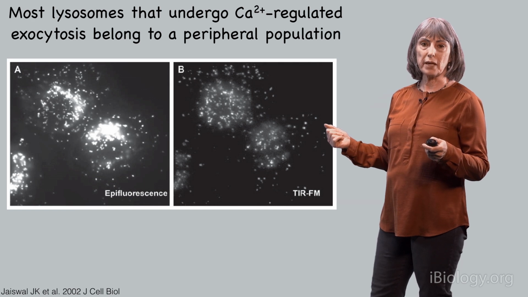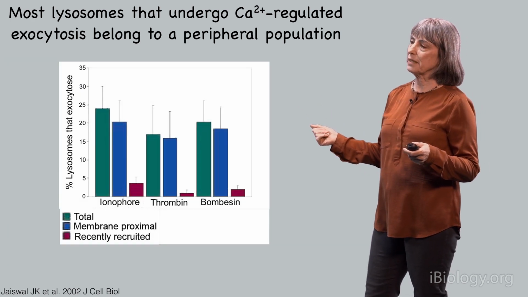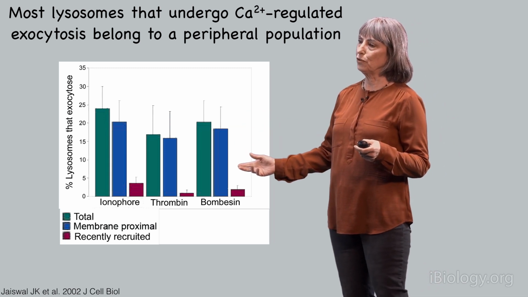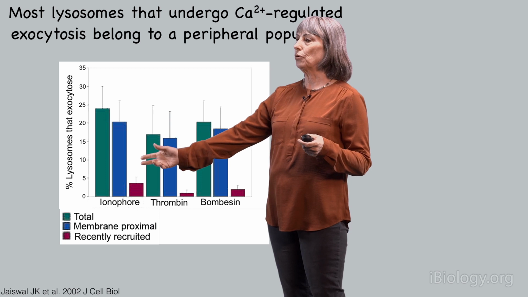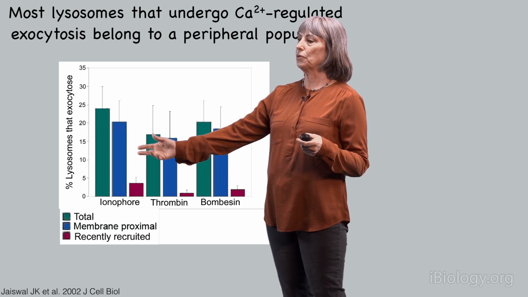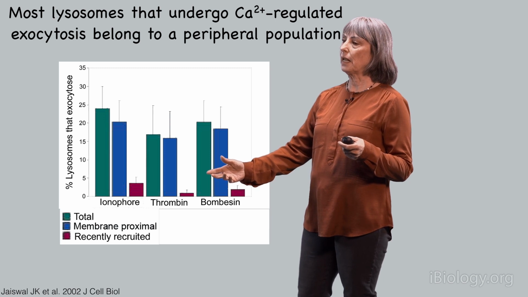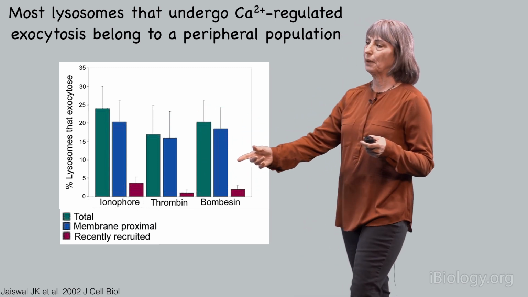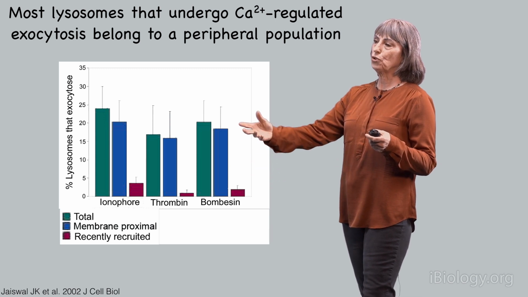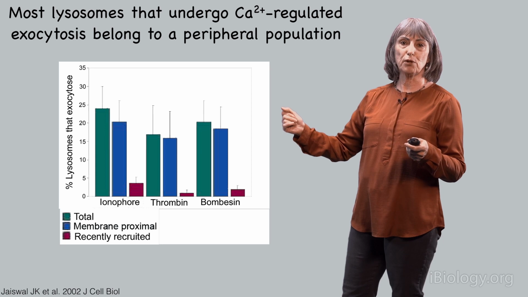And Jodi Jaiswal in Sandy Simon's lab quantified these fusion events, and we can see here using 3 different ways to elevate calcium in cells: a calcium ionophore or 2 physiological agonists, thrombin or bombesin. Comparing the green with the blue columns, the vast majority of fusion events detected happened from that peripheral population.